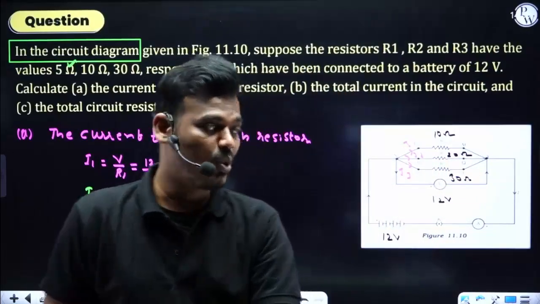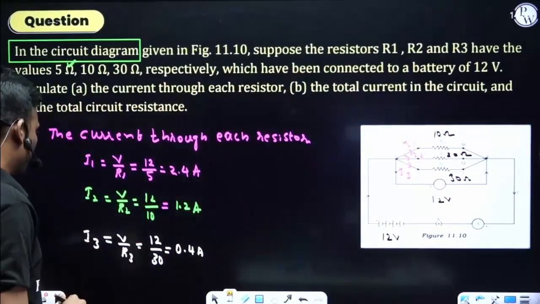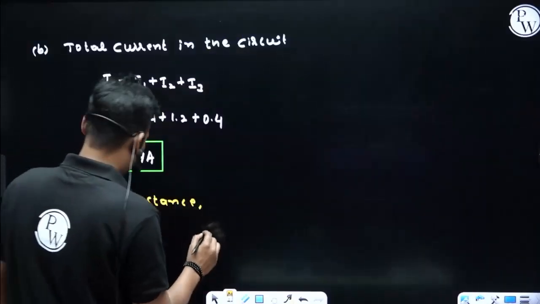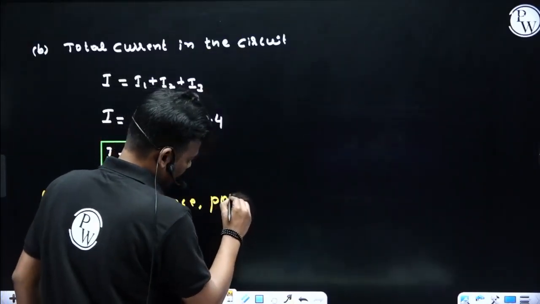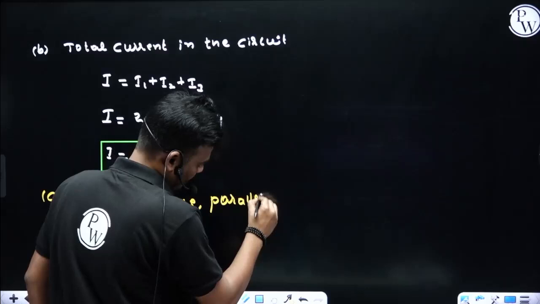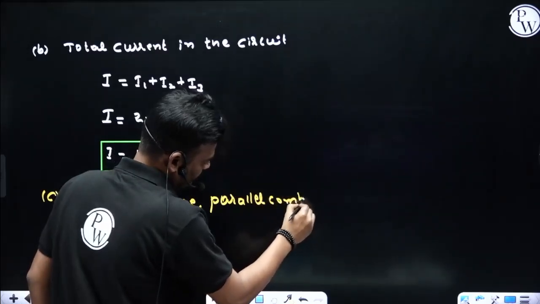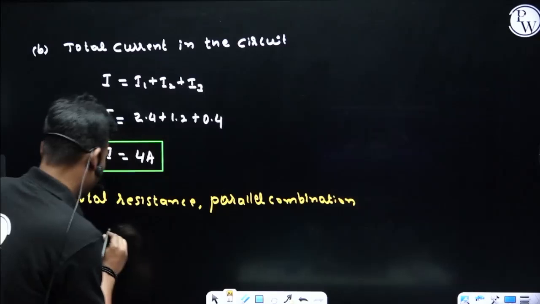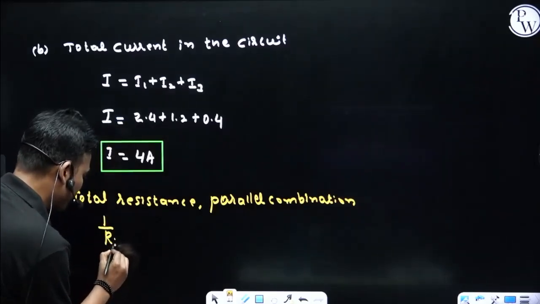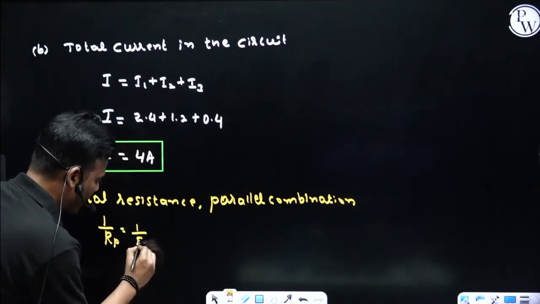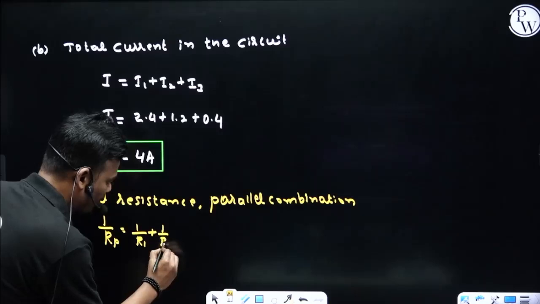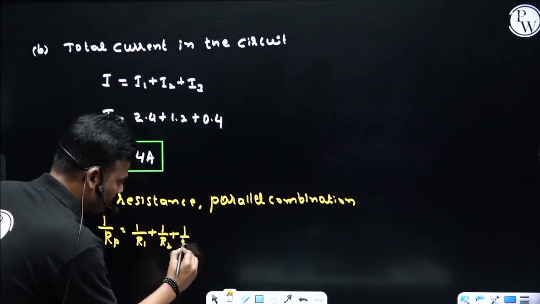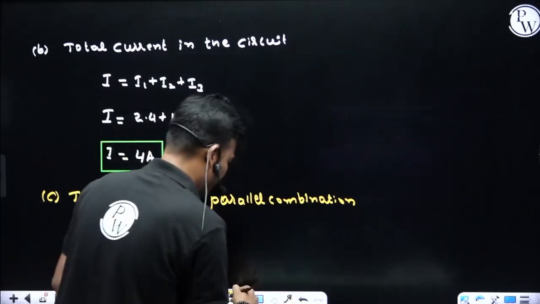Therefore, it is a parallel combination. What is the formula? The total resistance in a parallel combination is 1 by R equals 1 by R1 plus 1 by R2 plus 1 by R3. Substitute the values.